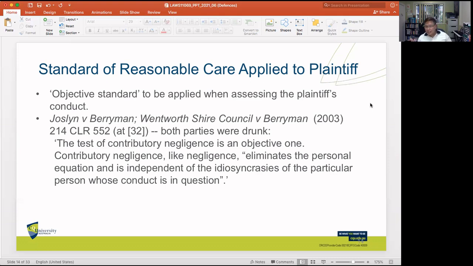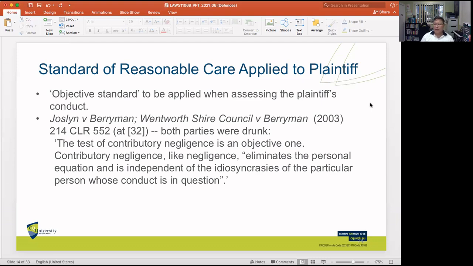But the court said it is an objective standard, and we use it on the basis of a hypothetical reasonable person. You don't think of it on the basis of somebody who is intoxicated, but on the basis of somebody who is sober. So if somebody were sober, what would that sober, non-intoxicated person do under the circumstances? That was the relevant legal issue.